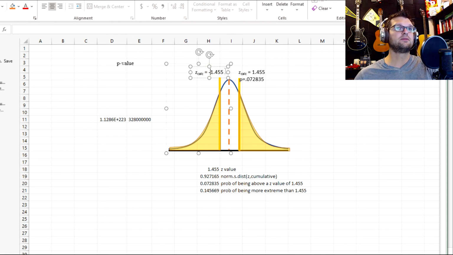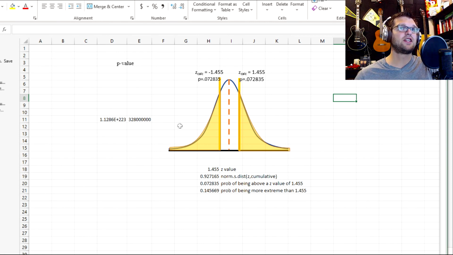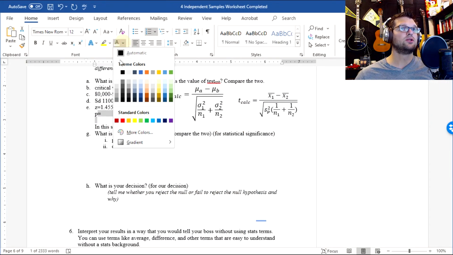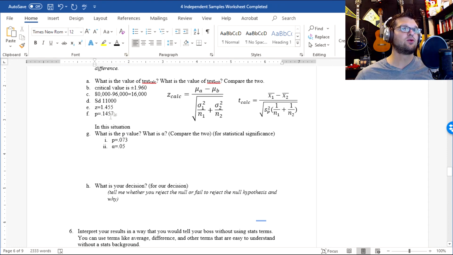So if I come over here, you've got your probability over here on the left side, then you've got your probability over here on the right side, and so the probability of having a z-calc that's more extreme than 1.455 is actually the two of these probabilities added up together, which gives you 0.1456, 69. So we're going to come right back here, and we are going to just round that to 0.1457. So a p-value of 0.1457 is what we've got.